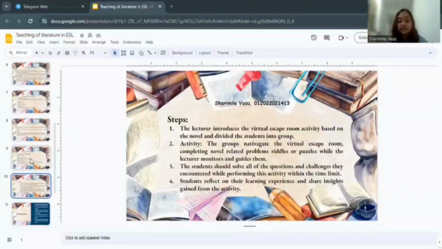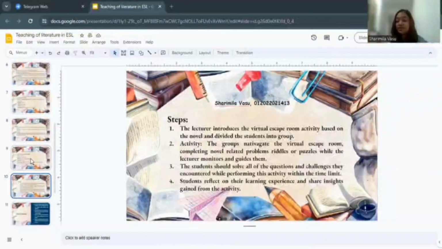From this activity, students can improve their critical thinking because students are challenged to solve puzzles and unlock clues related to the novel. Because of that, students can promote critical thinking and analysis skills.